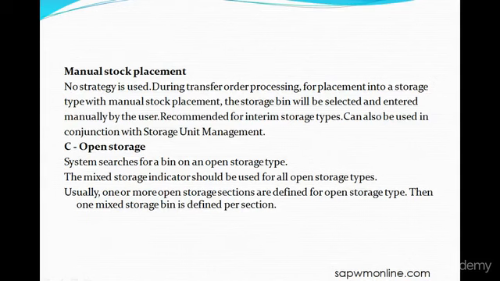With manual stock placement, the storage bin will be selected and entered manually by the user. This is recommended for interim storage types and can also be used in conjunction with storage unit management if we are making the storage unit management active.